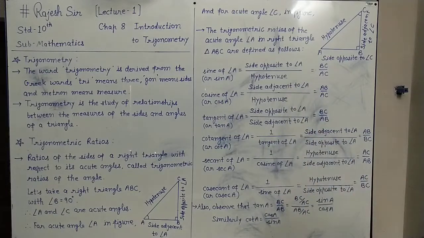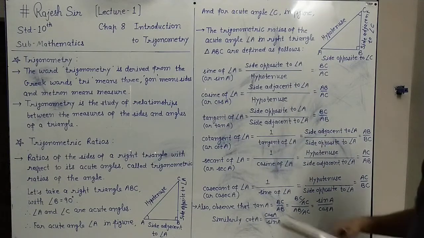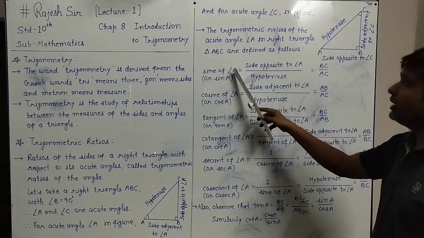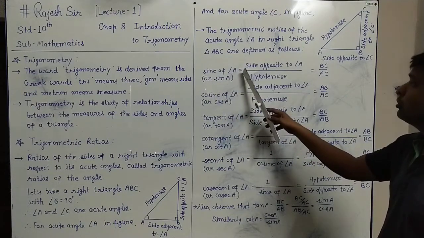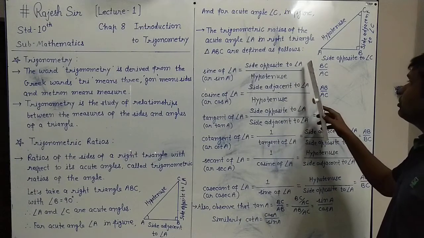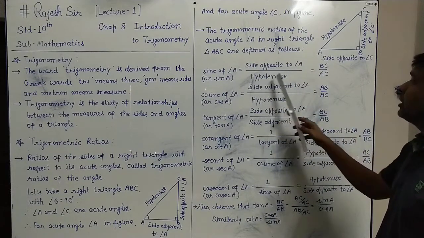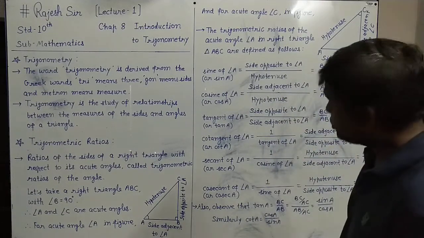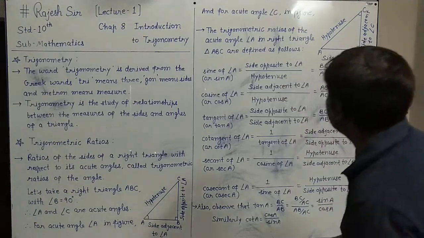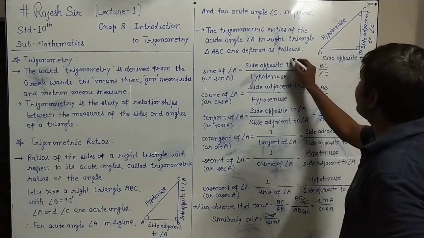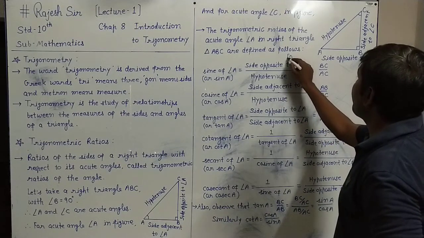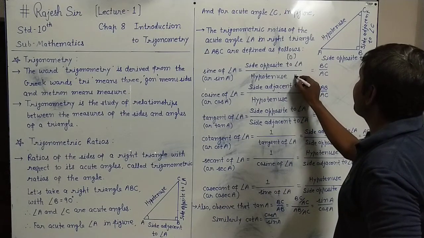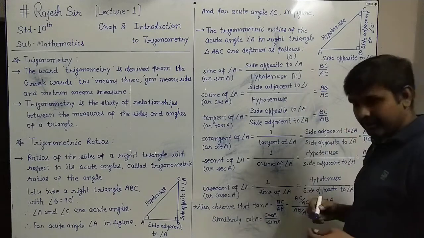These are the trigonometric ratios: sine of angle A, or sin A in short, equals the side opposite to angle A upon the hypotenuse. This is also written in short as opposite side O and hypotenuse H. O upon H we will say in short.